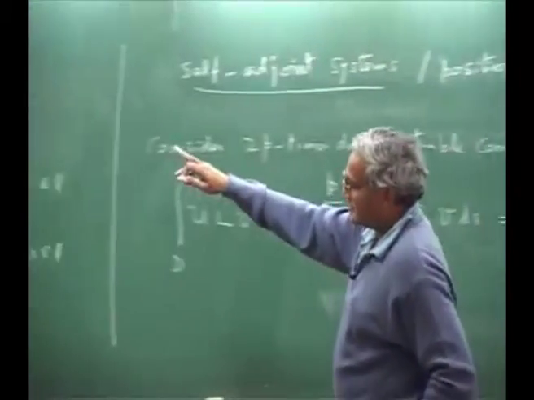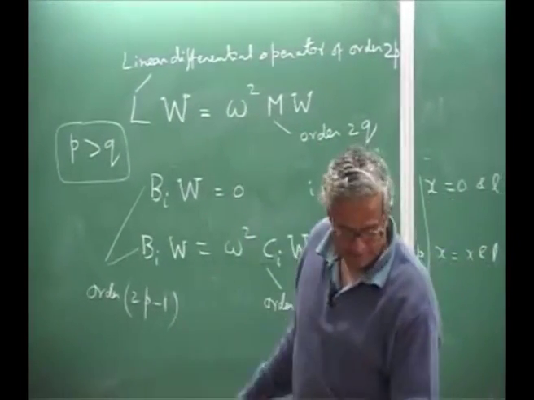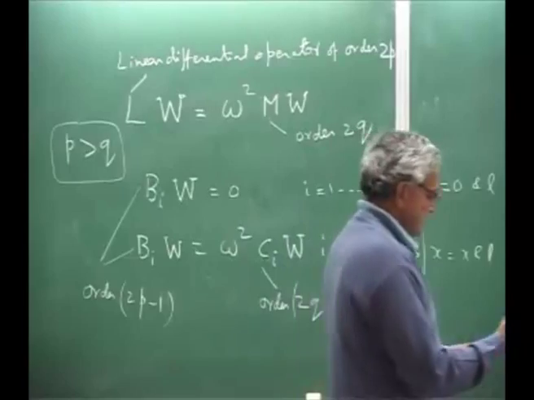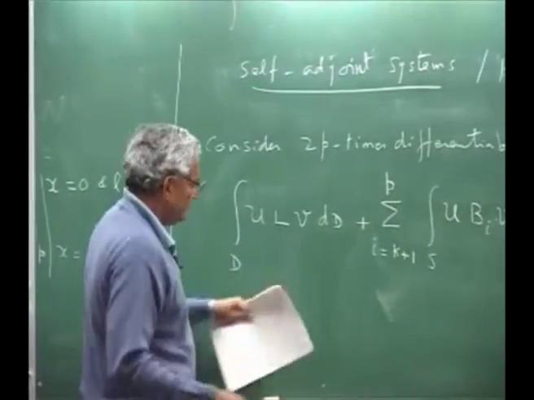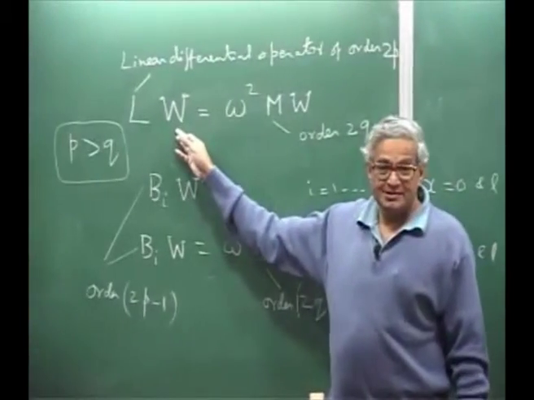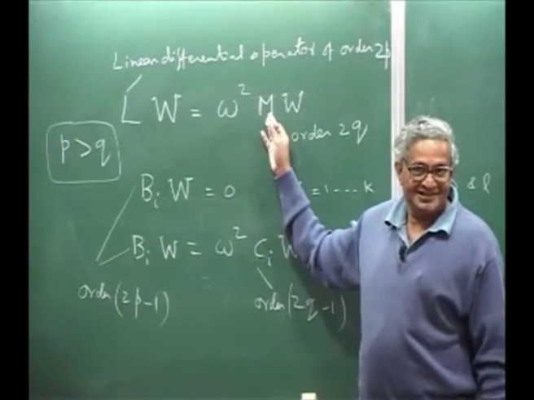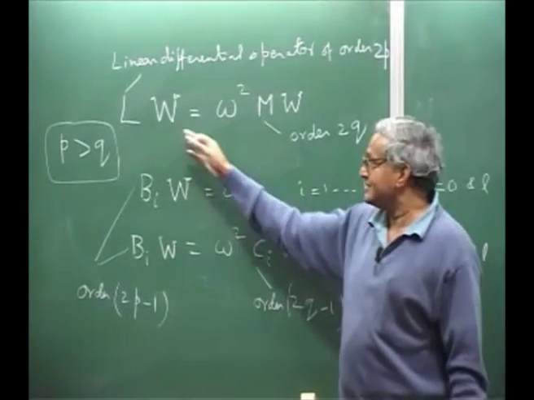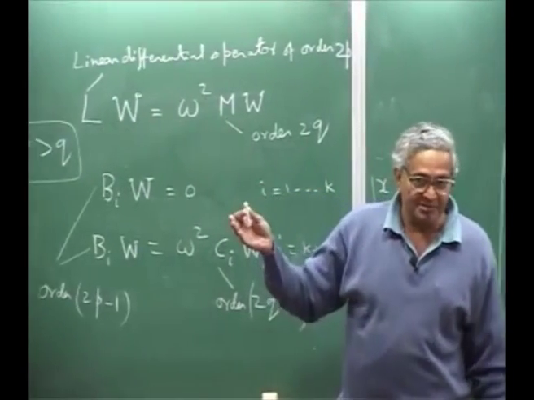Similarly, for the mass, that is capital M, you also have the self-adjointness. This goes to the stiffness term, and this is omega square, the mass term. So you can say this is a stiffness operator, and this you can call the mass operator.